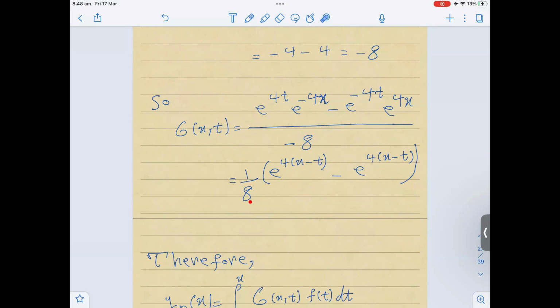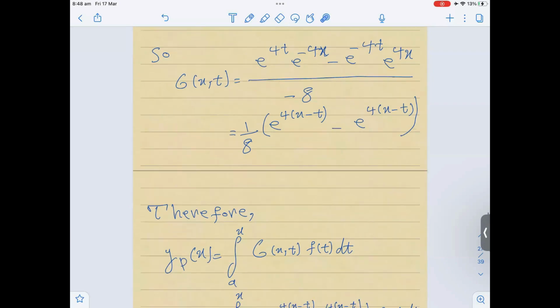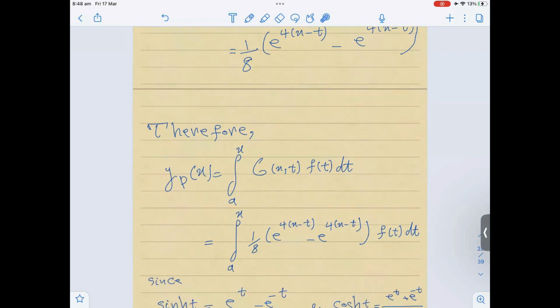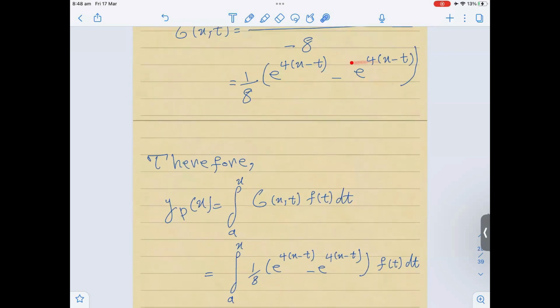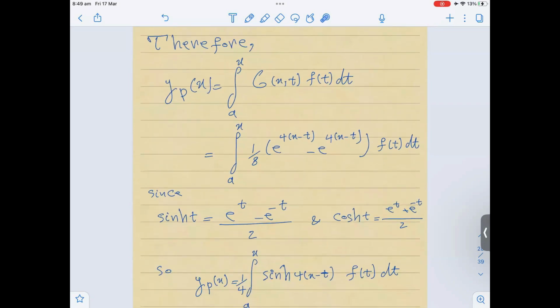1 over 8. So I just change this guy, because I want to remove this minus here. And therefore, yp is solving this guy here, g(x,t) and f(t). What is f(t)? We don't know. So this one looks like a sine to me. The hyperbolic version of sine is this guy.